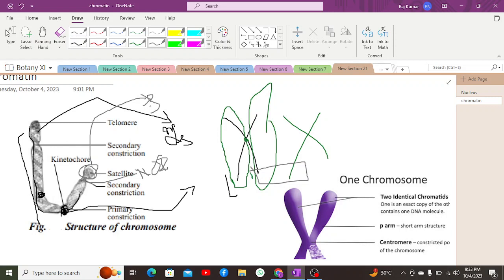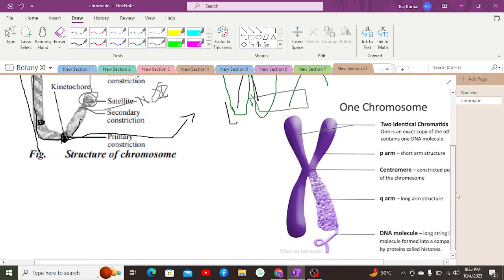Secondly, they have repetitive sequences. Due to transcriptionally inactive genes and repetitive sequences, they are junk or useless within the cell. So these are useless DNA, junk DNA.